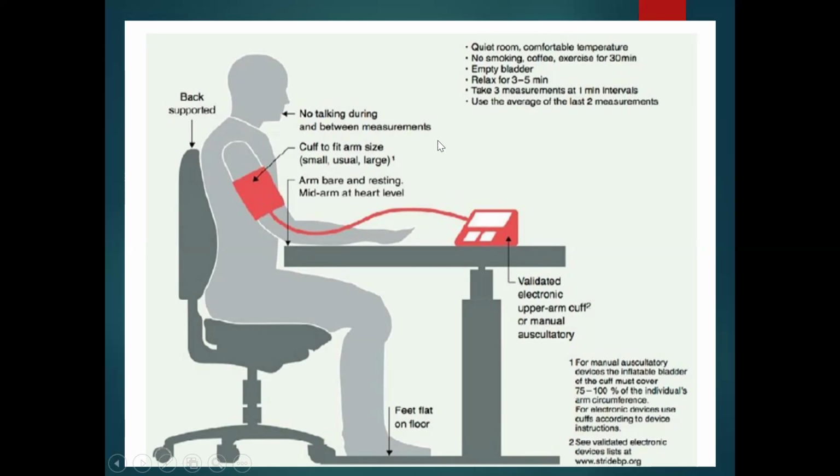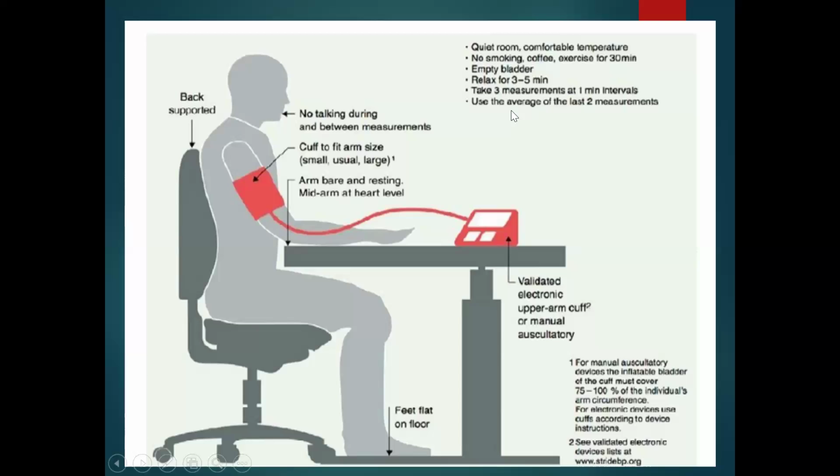Then the room needs to be quiet, comfortable temperature, no smoking, no coffee, no exercise for 30 minutes before. The client needs to empty their bladder. Relax for 3 to 5 minutes.